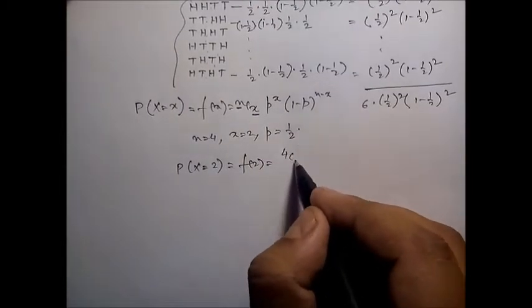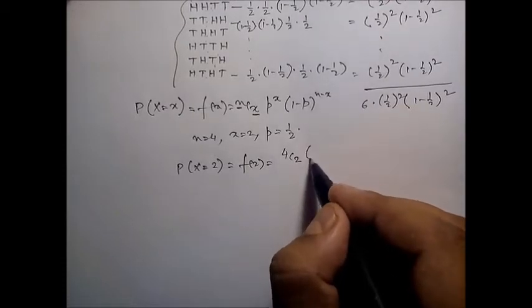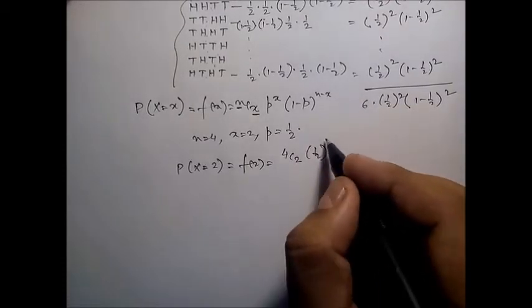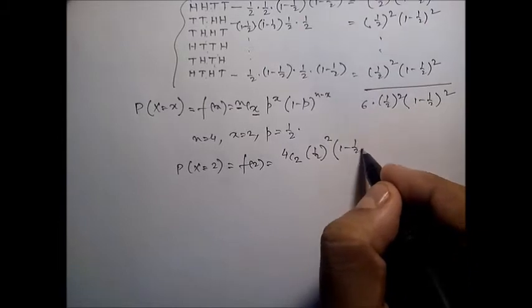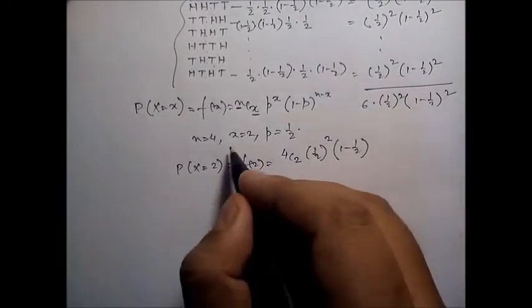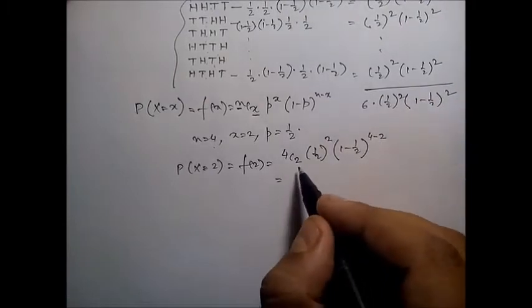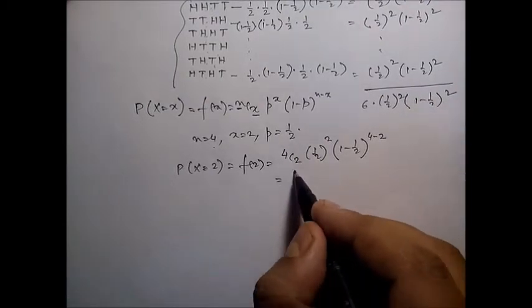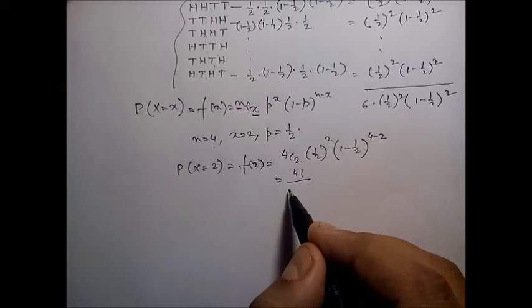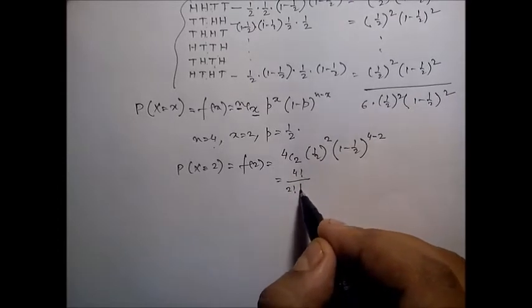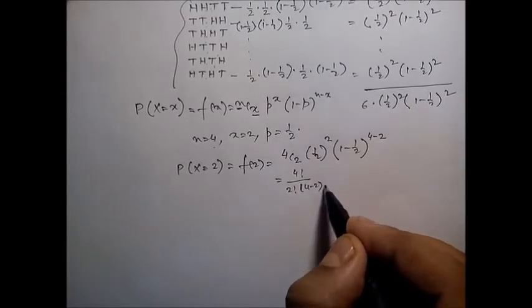So 4C2 (1/2)^2 (1 minus 1/2)^n minus x. What is n? n is equal to 4, so 4 minus 2. So 4C2 is 4 factorial divided by 2 factorial times (4 minus 2) factorial.